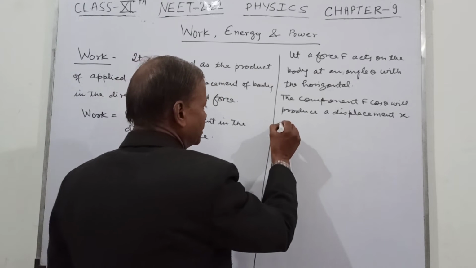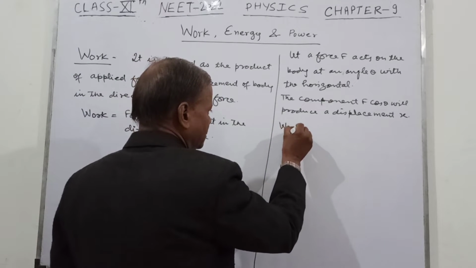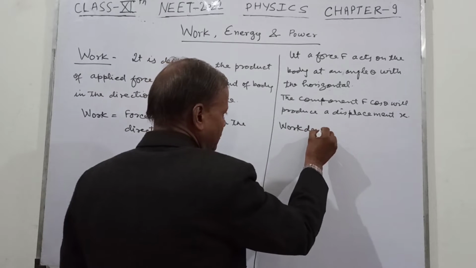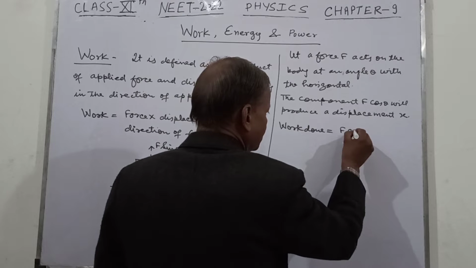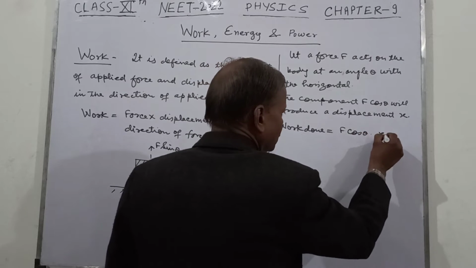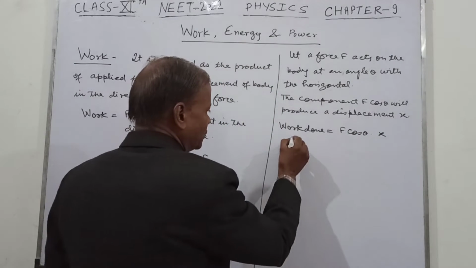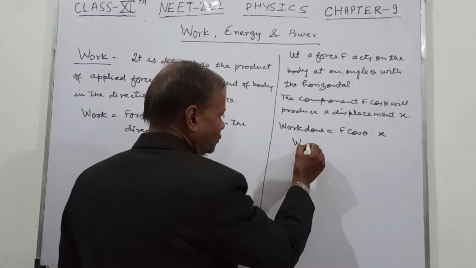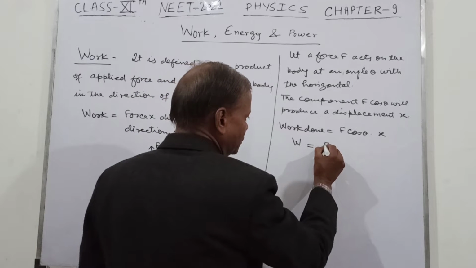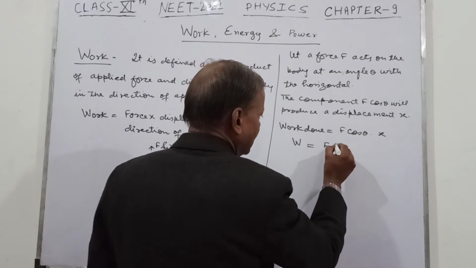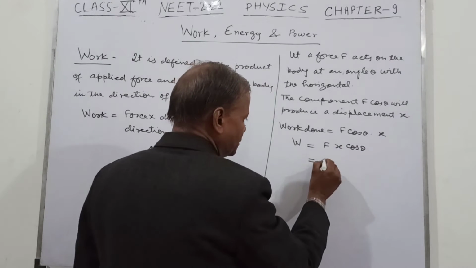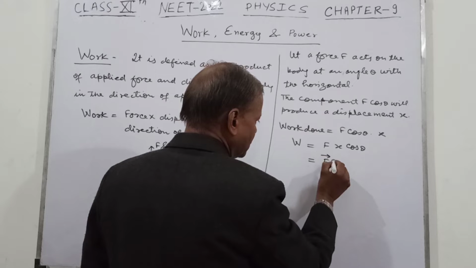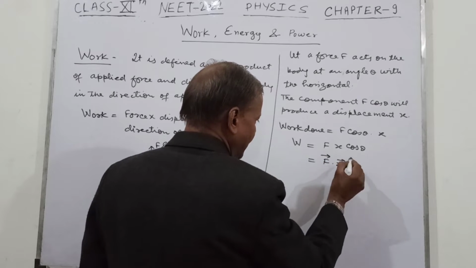So the work done is equal to F cos theta into x, and the work done is denoted by W. So W is equal to F x cos theta, or F dot x.